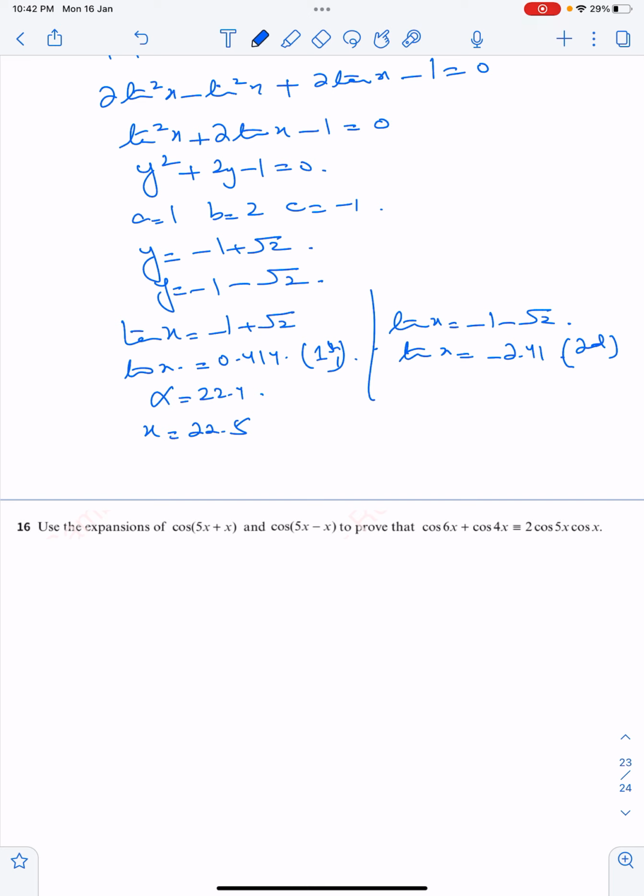Basic angle is going to be tan inverse of 2.41, it's 67.5. So, the angle is going to be 180 minus the answer, which is 112.5. These are the two answers, 22.5 comma 112.5 degrees.